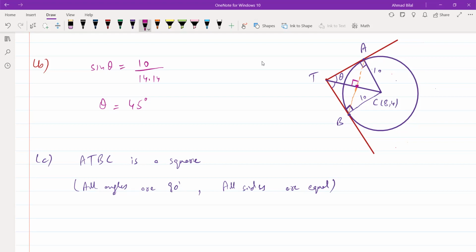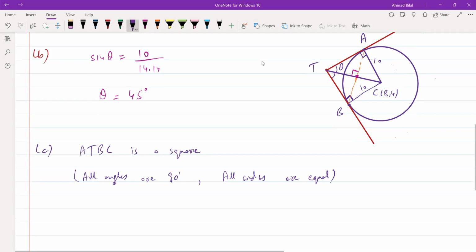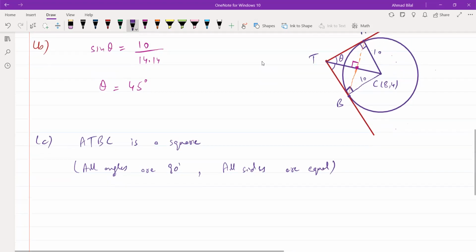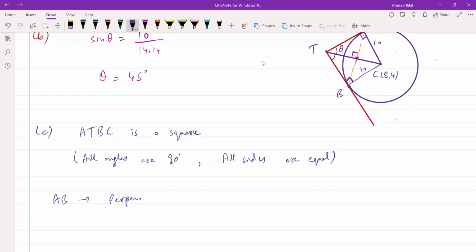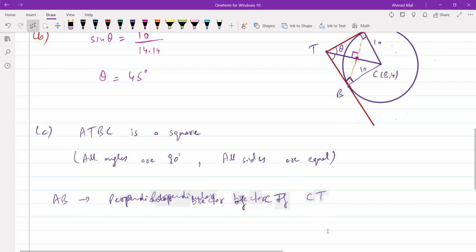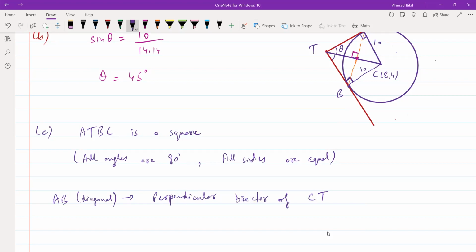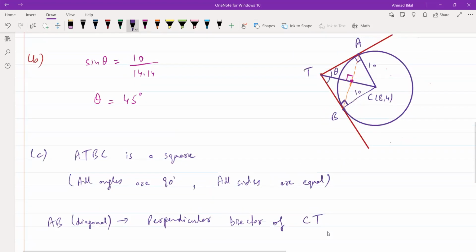So essentially, all we're looking for is the perpendicular bisector of the line CT. So AB is basically the perpendicular bisector of CT. Right? Because it passes through the midpoint and it makes a 90 degrees. That's exactly the definition of a perpendicular bisector.